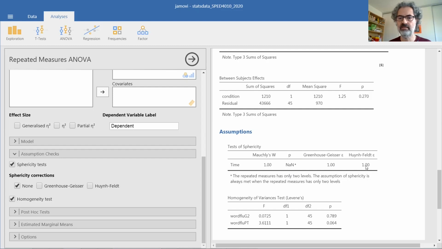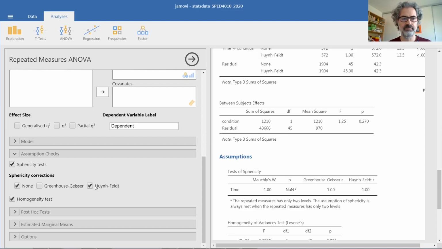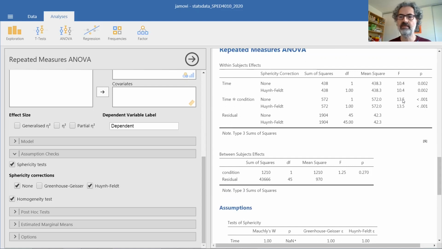And so the correction factors here are equal to 1. There's nothing to correct. If this was a situation in which there was significant deviation from sphericity and there were correction factors here, what I should do would be to click, for example, on Huynh-Feldt, and then instead of reading the none line, read the corrected line.